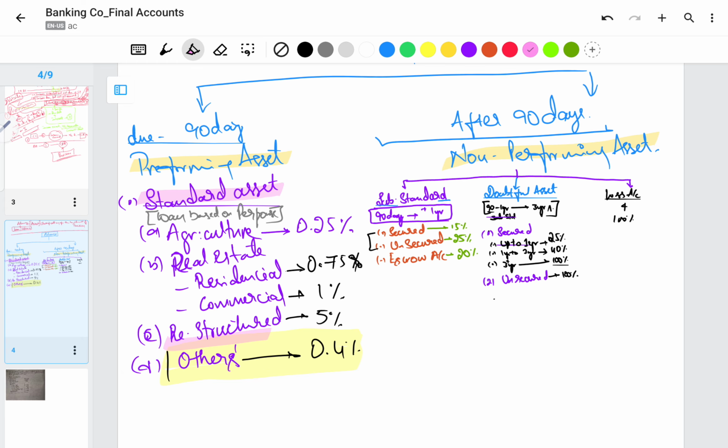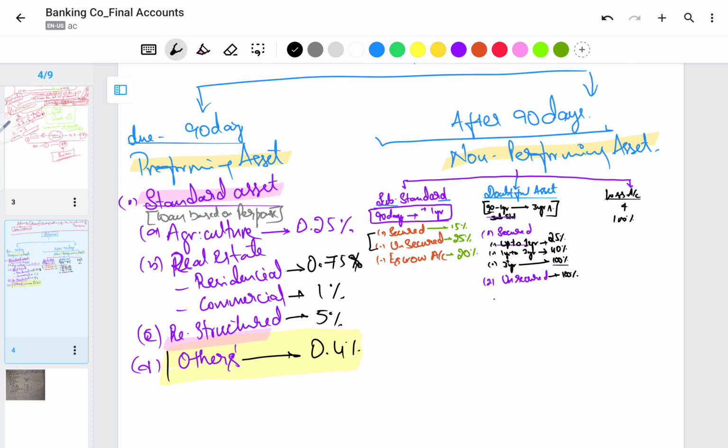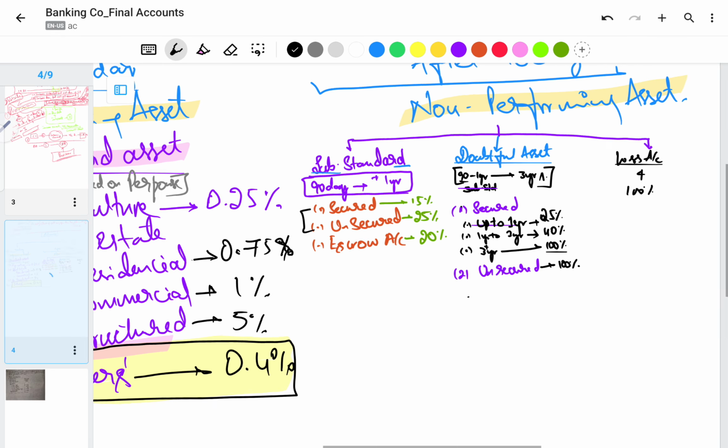For those, we need to provide a provision of 5%. The other category: if it does not belong to the above categories, then we consider it as others, and in the problem, if nothing is specified, we consider it other, and we provide 0.4%. This is about standard assets.